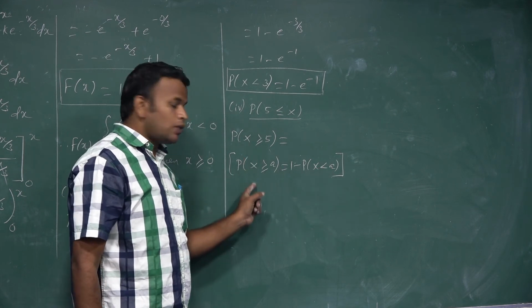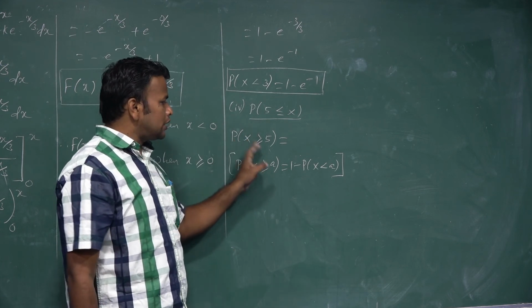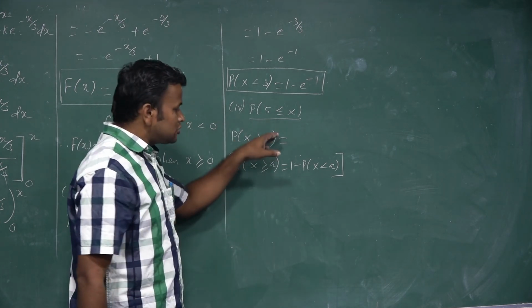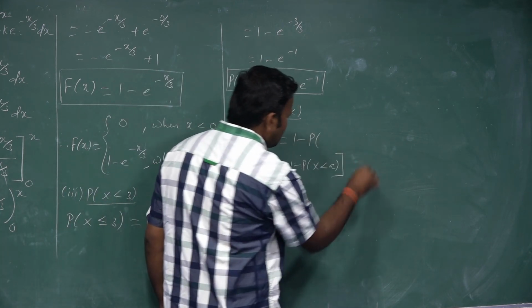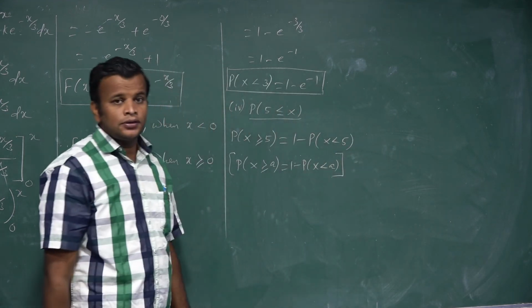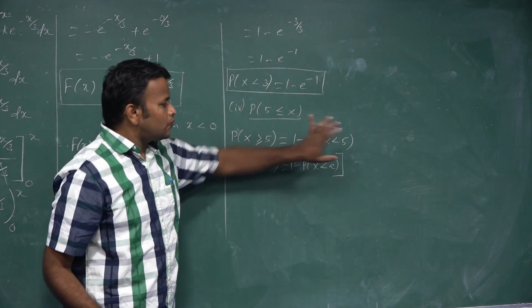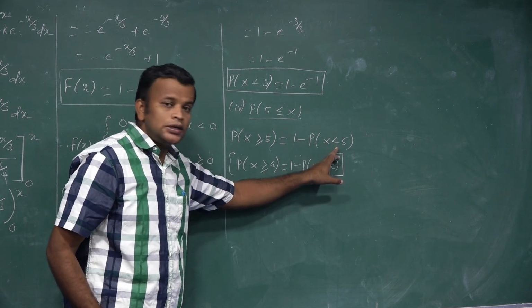The total probability is 1, so the plus becomes minus on the other side. So how to write P of x greater than or equal to 5? Using the same concept, in place of a here, 5: 1 minus P of x less than 5. Now we use the formula here.